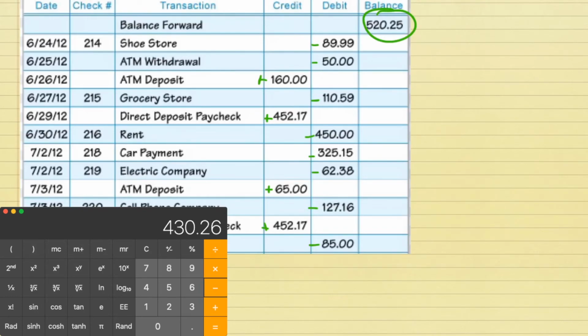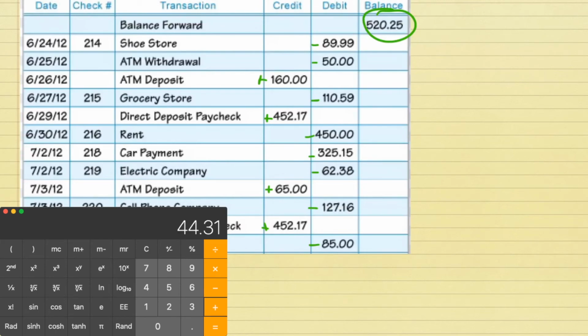We're going to make another $50 withdrawal. We're going to add $160 from maybe a paycheck or maybe a rent. We're going to make a $110.59 payment. We're going to add my paycheck for the month. We're going to subtract my rent. We're going to subtract the car payment. We're going to subtract the electric company.